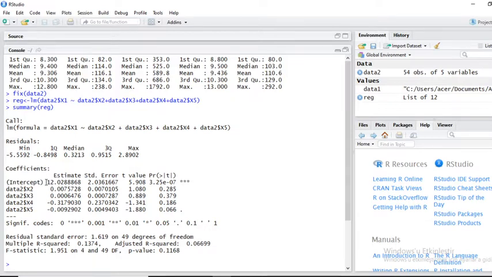So the starting point? Does it start from 0, or even if there is no doctor, even if there is no income or hospitals available, will there be some death? The logic tells that yes, because death rate is an unavoidable phenomenon. People come to life and go out of life.